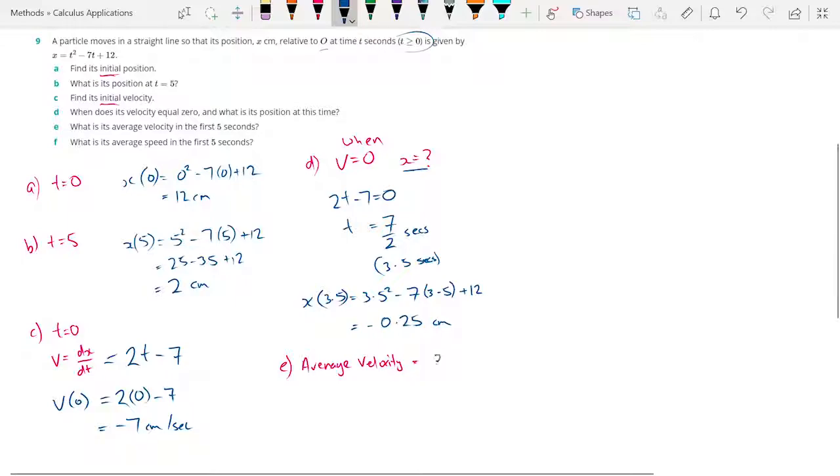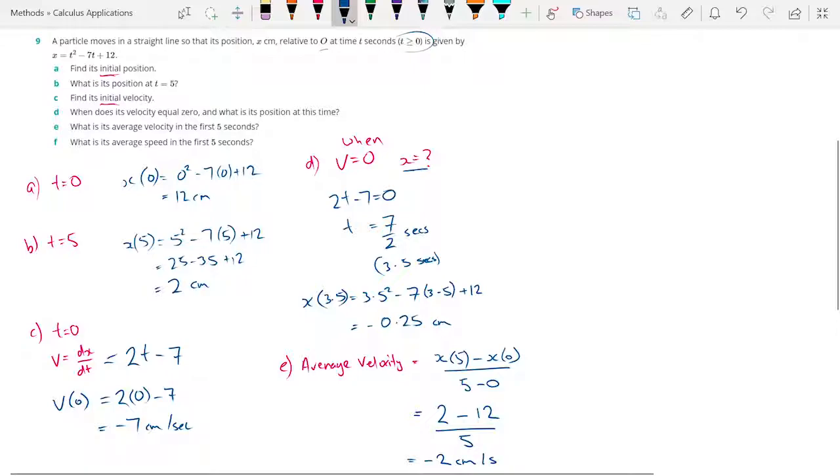We're looking at the x, or the distance, at the endpoint, x at 5, minus x initially, over the change in t, which is 5 minus 0. We know x at 5, from part B, was 2 centimeters, and initially x was 12 centimeters from part A, so we can go 2 minus 12 over 5, we get negative 10 divided by 5 equals negative 2 centimeters per second.